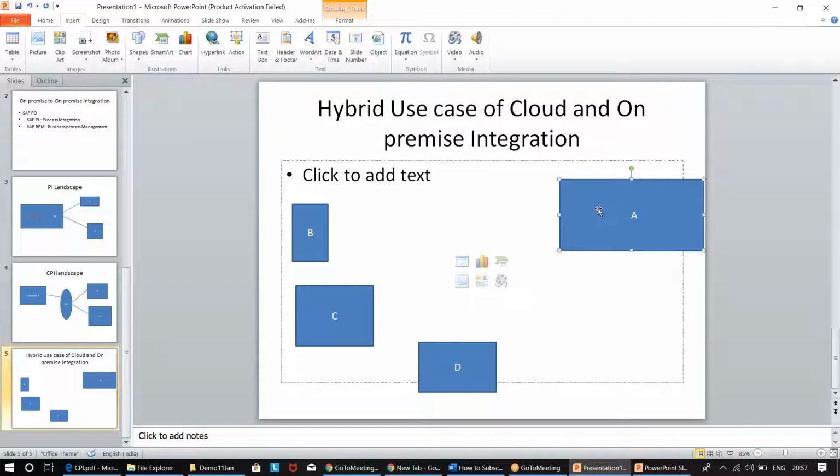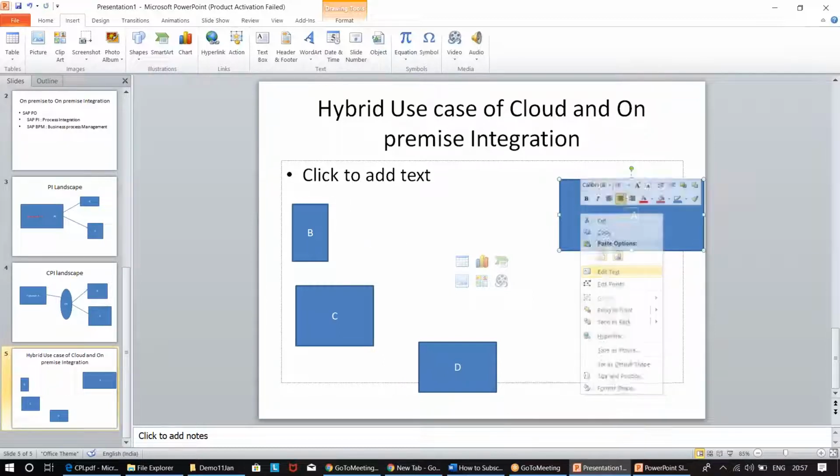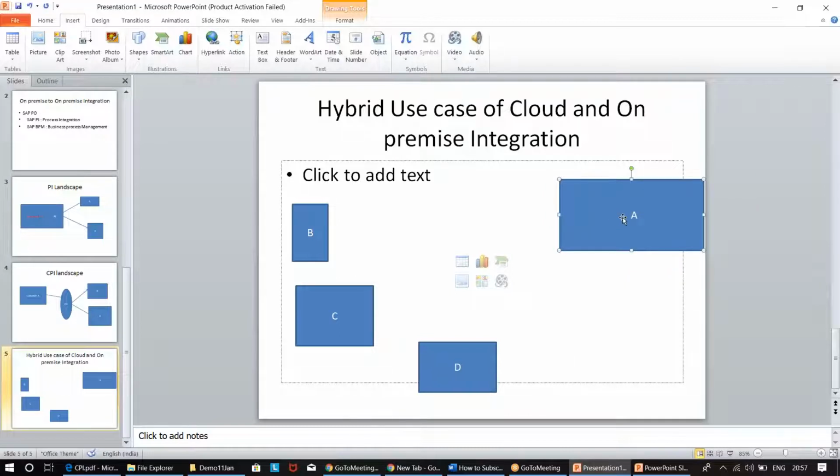So this was the use case which has long been there. As I mentioned, we now have some kind of cloud system, third-party application, or something SAP acquired from another company.